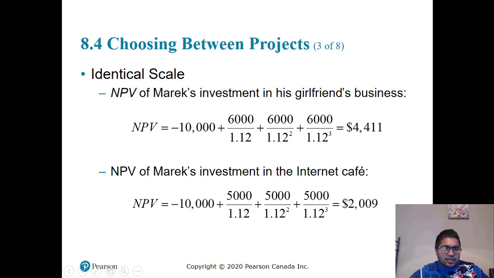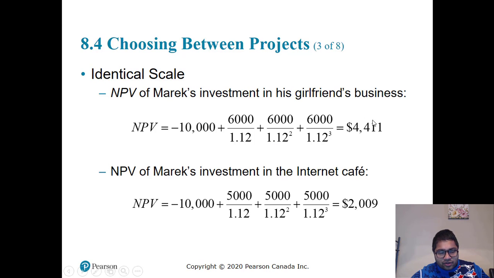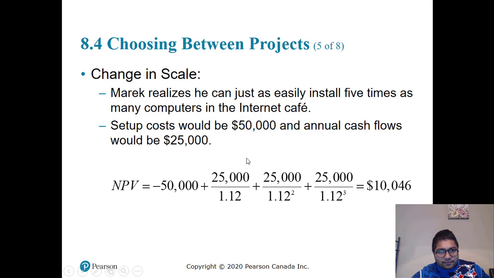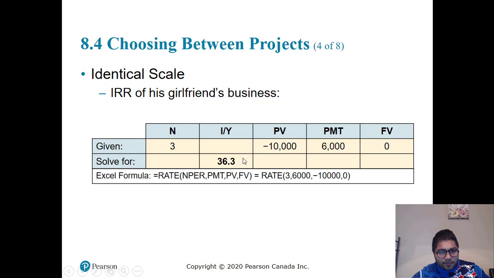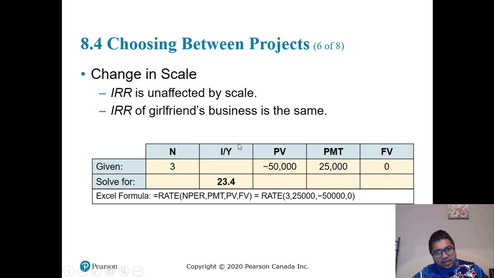So by NPV's logic, you should select the project that has the higher NPV. And if you do IRR, the first project is 36%. Okay. So based on IRR also, you should select the first project. But things get complex when the scale changes. So IRR is unaffected by scale.